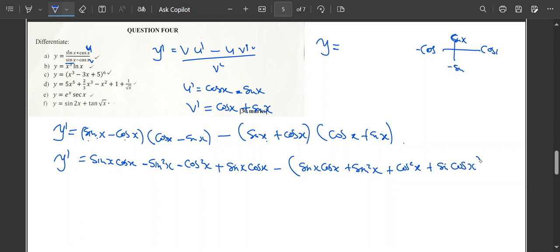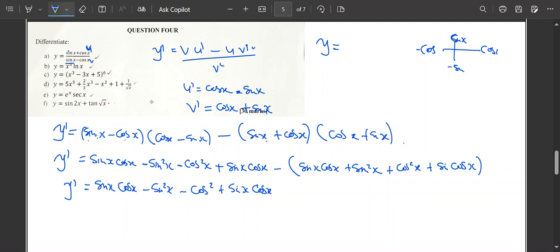Okay, so now what we'll say is sine x cos x minus sine squared x minus cos squared x plus sine x cos x.